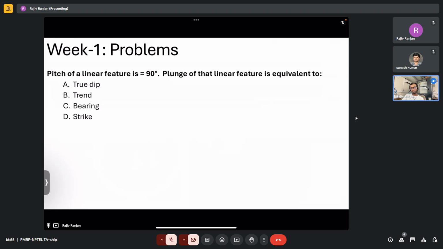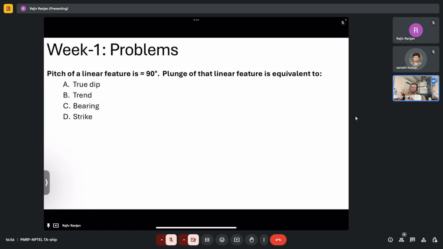Option A, true dip. Option B, trend. Option C, bearing. Option D, strike. Is it option C, bearing?